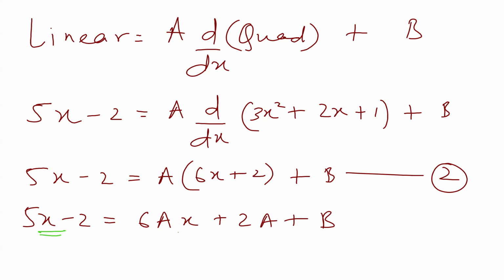By comparing the x terms, can I say 5 is equal to 6a? We equate the left hand side term and the right hand side term, by comparing the coefficients of the x terms.